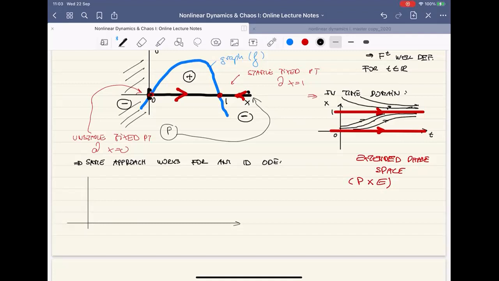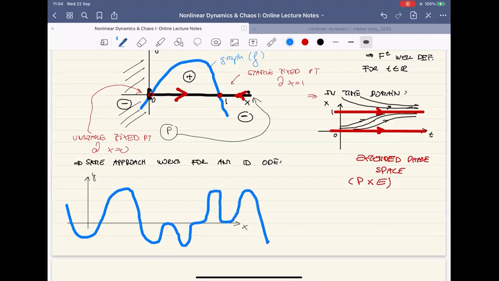So this is the right-hand side y, and this is x. Let's just dream up a right-hand side, improvising here. Suppose that it goes like this, then it goes up, goes down, maybe it touches from below, just some exotic stuff. Maybe it crosses x with a tangency, and it comes down and touches here, and then finally it goes down.